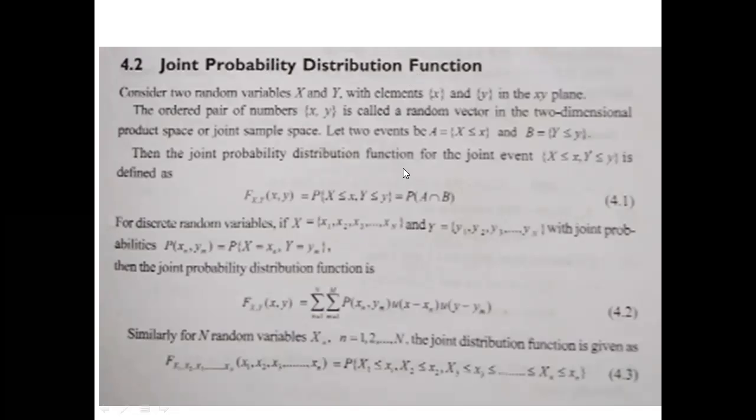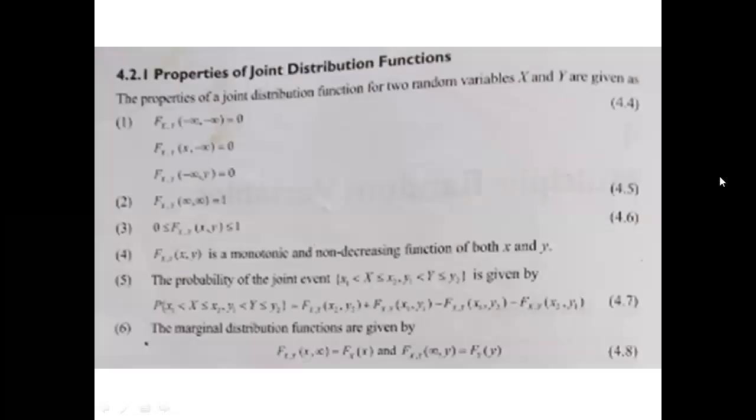If x and y are discrete random variables, then this is a joint distribution function. These are the properties of the joint distribution function. Up to this, we learned in the previous class.